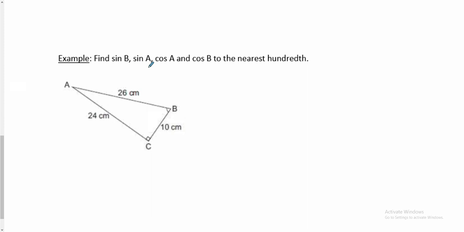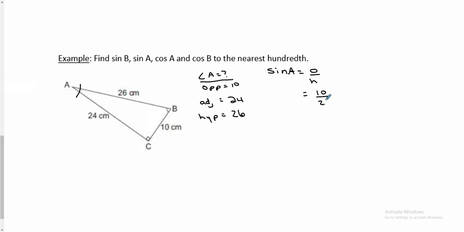Sine B, sine A, cos B to the nearest hundredth. So if we look at our angle A and what it's equal to, we don't know, but if we identify from angle A our side opposite is equal to 10, our adjacent is equal to 24, and our hypotenuse is equal to 26. So sine A is equal to opposite over hypotenuse, which is 10 over 26.